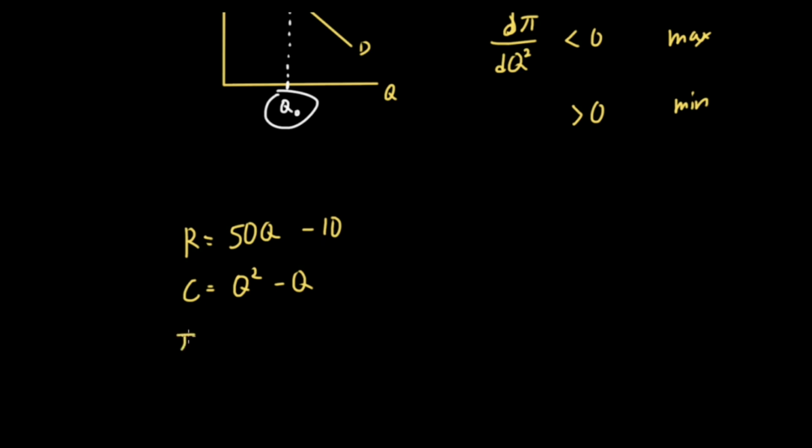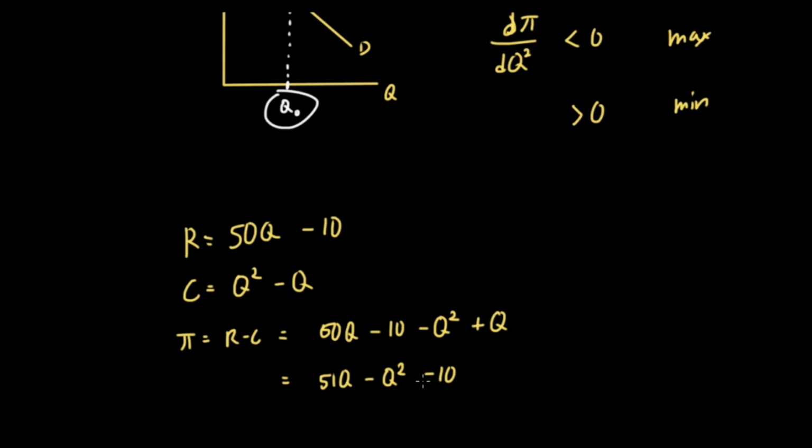So pi, which is equal to R minus C, would now be equal to 50Q minus 10 minus Q squared plus Q. When we simplify this, this becomes 51Q minus Q squared minus 10.